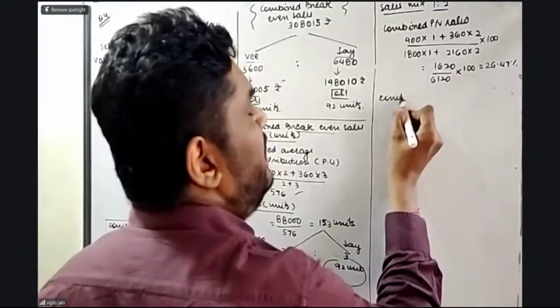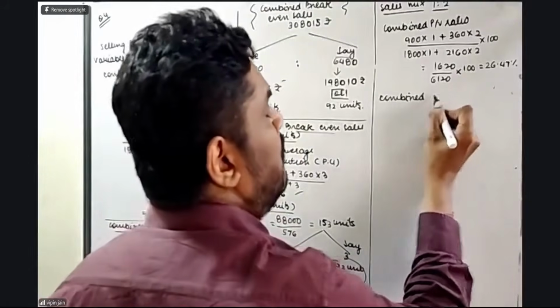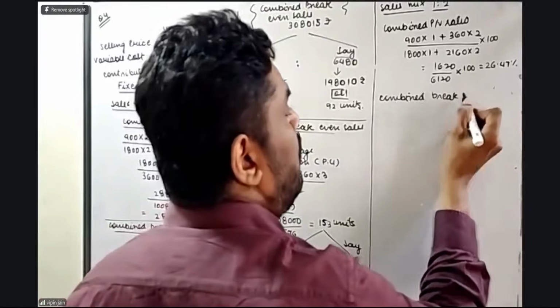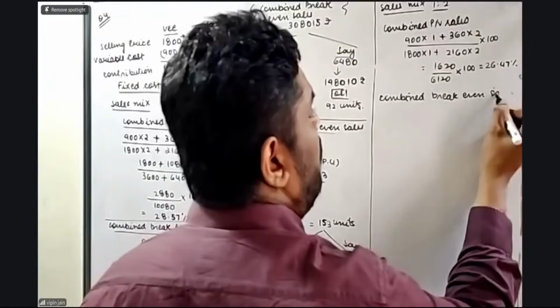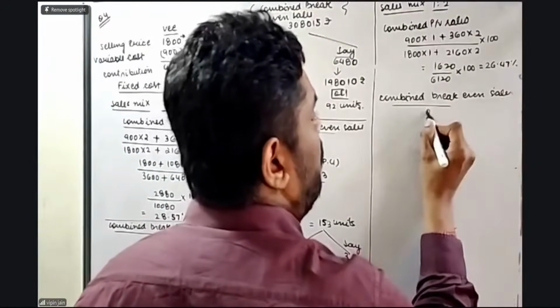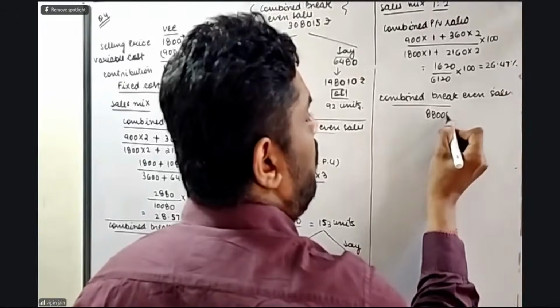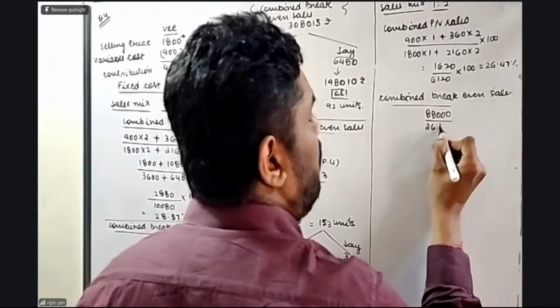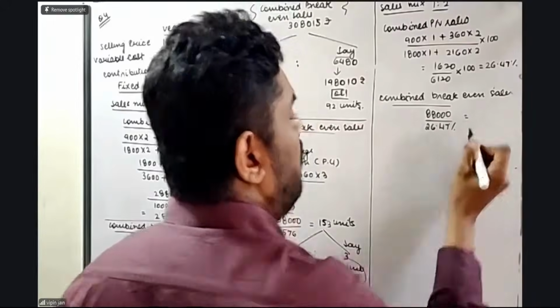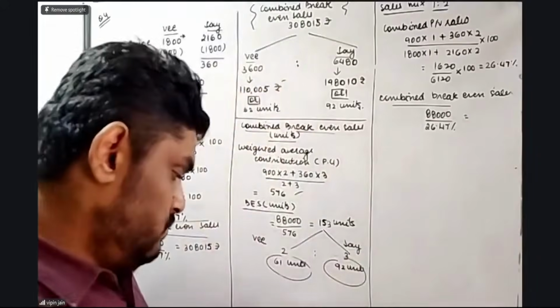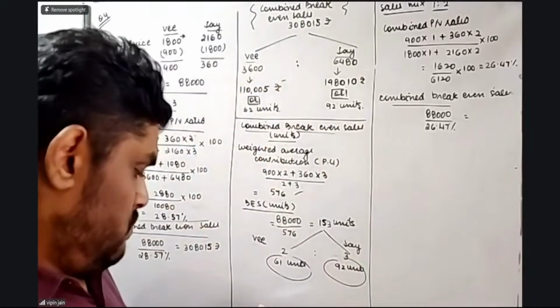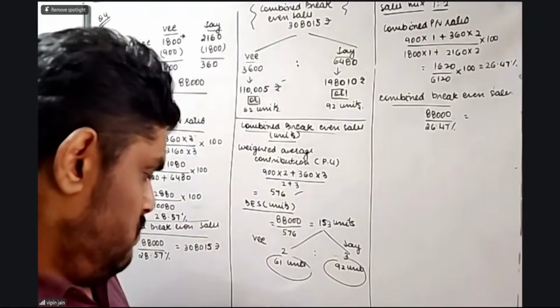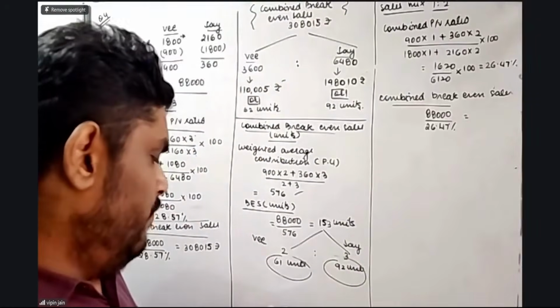Next is combined break-even sales. So 332,452.